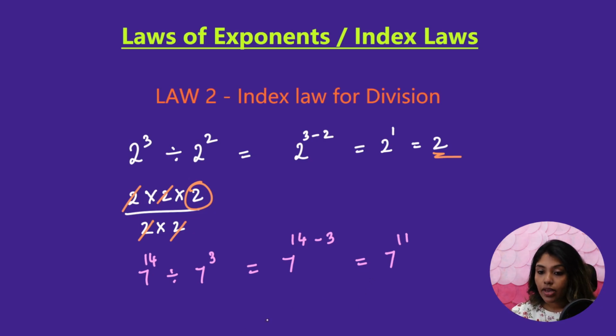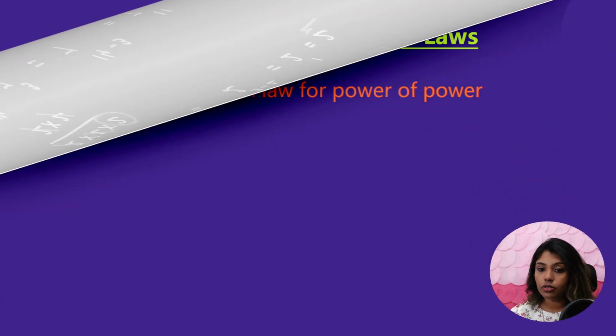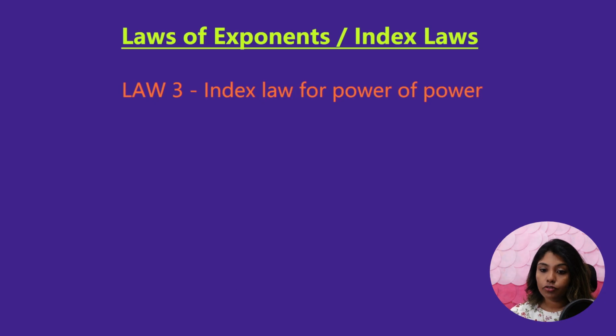So the generalized way of writing that would be a to the power of m divided by a to the power of n will give you a to the power of m minus n. That's it. Now the third rule is the index law for power of power.